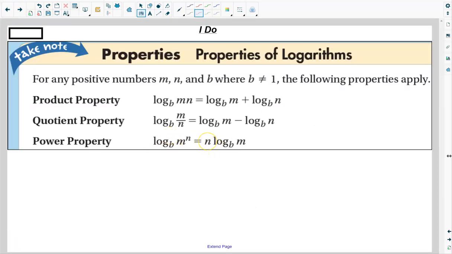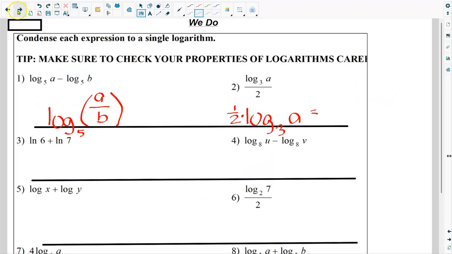So the fact that it's out here, look at the end. The n is out here. We're going to write it in condensed form like they asked. So I now have log base 3 of A to the half. And what you should have learned definitely in Algebra 1 is that this half exponent is a radical.